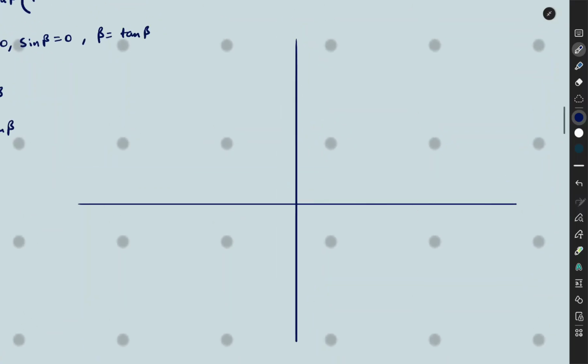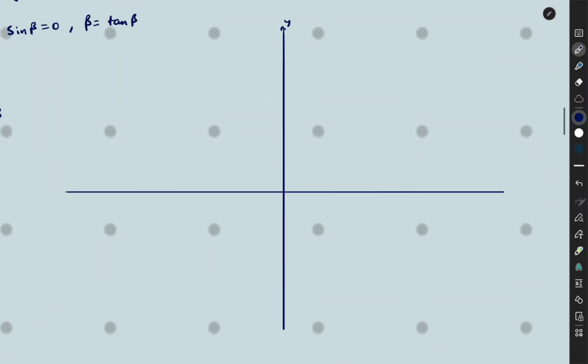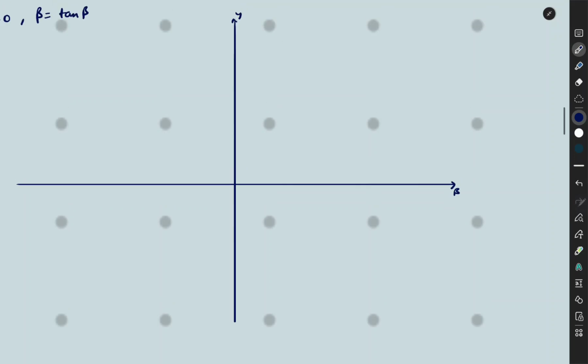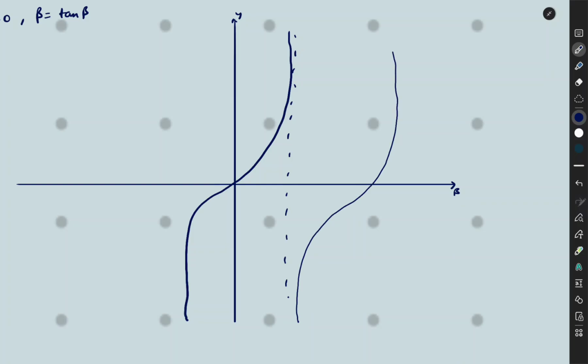So this is the y-axis and this is beta. The tan curve will be something like this, and here it will be pi by 2. I am just drawing a rough graph over here. It will be going like this, and again it will be minus pi by 2.